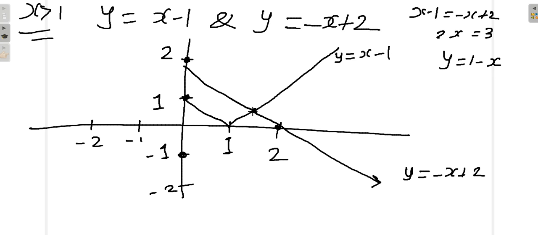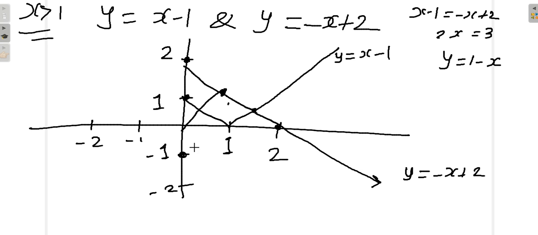Okay, now the next graph is y equal to x. So this is the next graph, y equal to x. It is to be used only when x is less than 1, so only this much. Next part is not required.